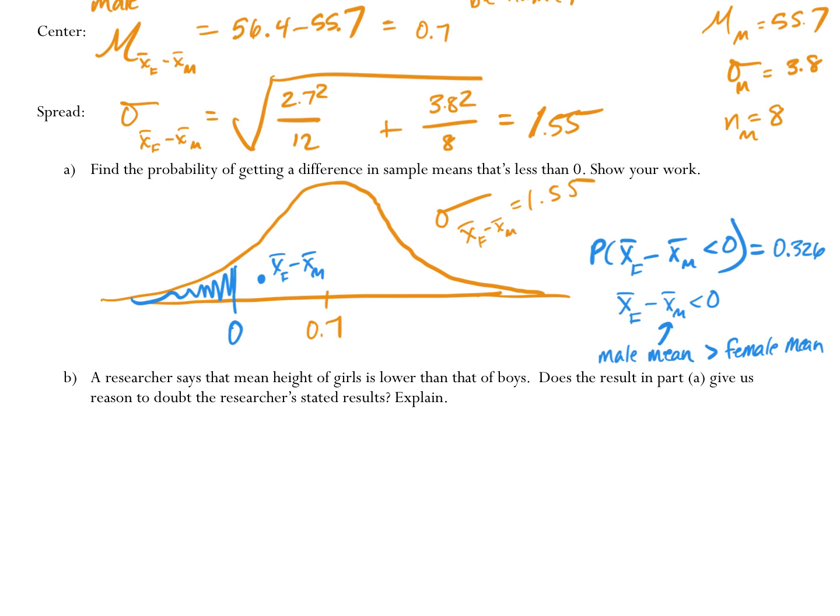So is it possible we could gather these two samples and find that the mean height for the boys was actually taller in the sample than the mean height for the girls? Could that happen? And in fact, what is the probability that I gather two samples where the male's height is bigger than the female's height? Roughly a third. So would it be very surprising to find that sample even if girls are in fact taller than boys at the age of 10 years old? No, it wouldn't be that weird. It would happen 1 in 3 times. That's reasonably likely.